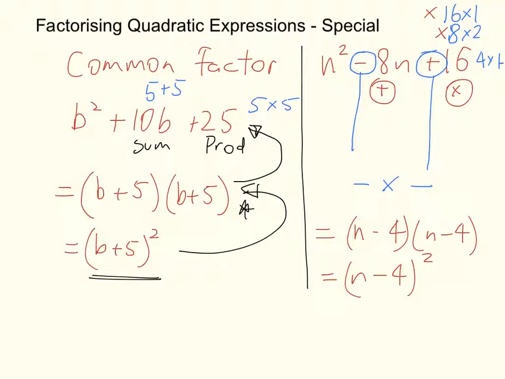Okay, let's have a look at one harder one. What if I've got something that's got a negative factor that looks like this? I've got minus y squared plus 3y plus 4. I think our issue here is this negative.